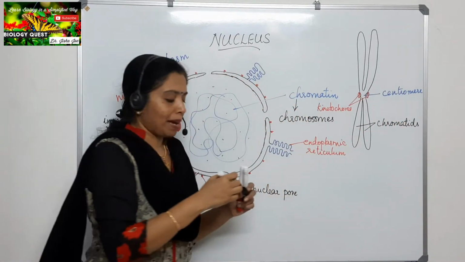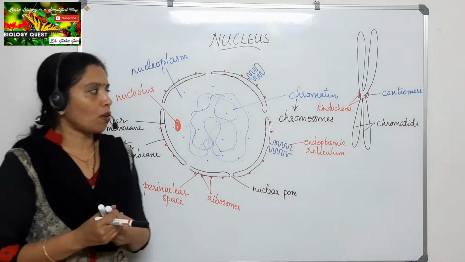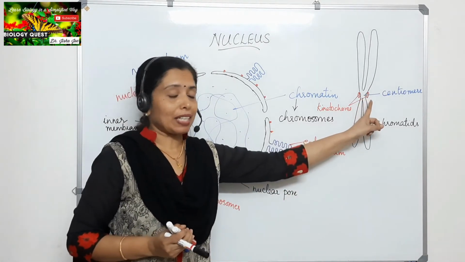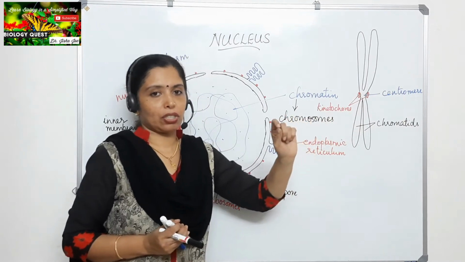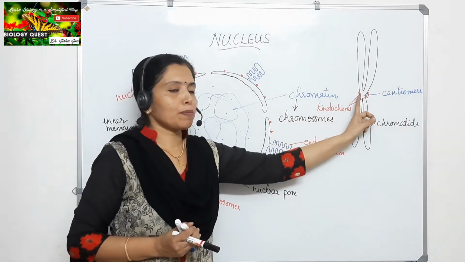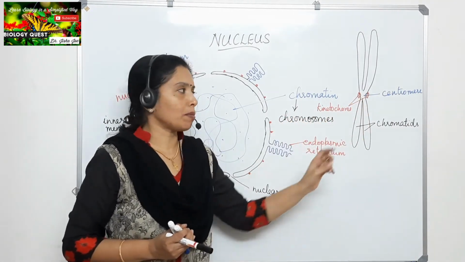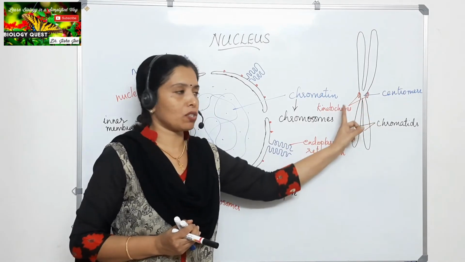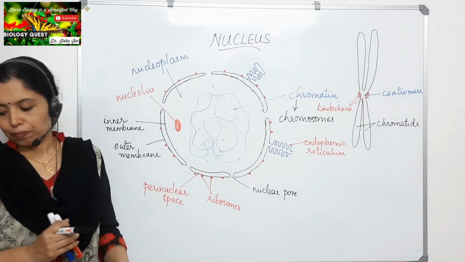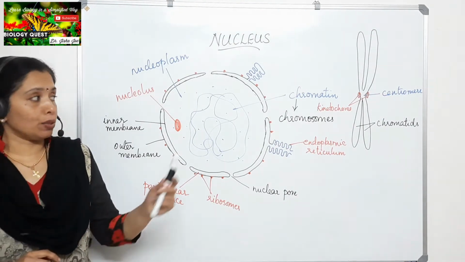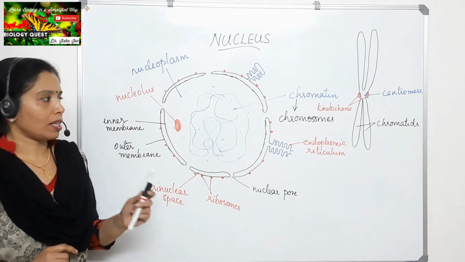The chromatids of a chromosome are joined at a region which is called the centromere or the primary constriction, and on the sides of this primary constriction you can see disc shaped structures which are called the kinetochores. So that is with regard to the chromosome structure.